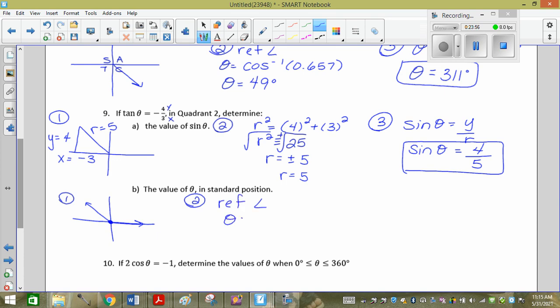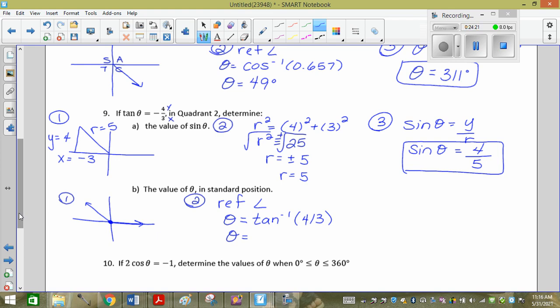So theta equals tan neg 1 of the positive, so 4/3. What does theta equal? Anyone get it? Second tan of 4/3. If you didn't get it, you should try it, because you're running your calculator tomorrow, aren't we?